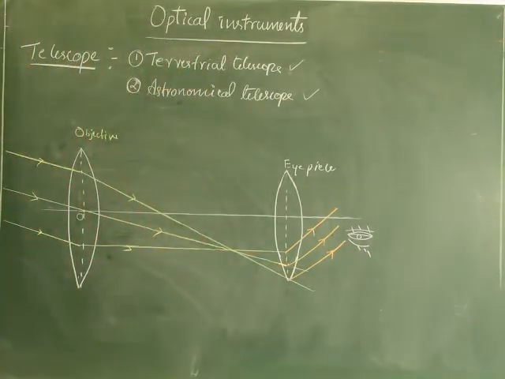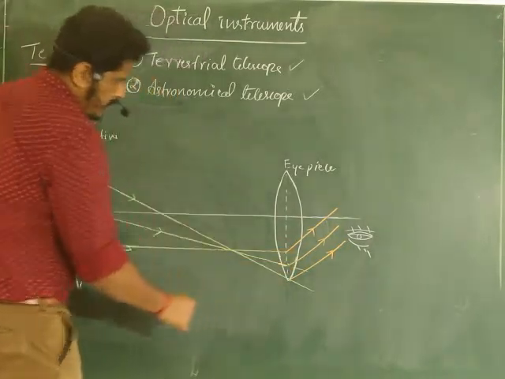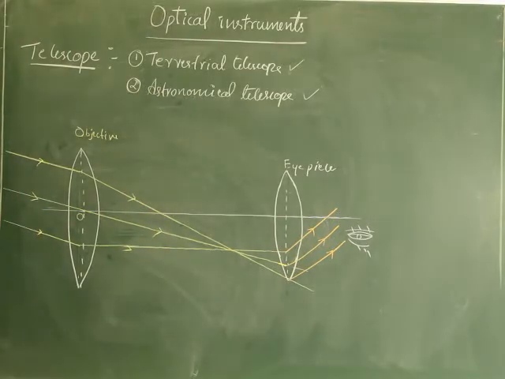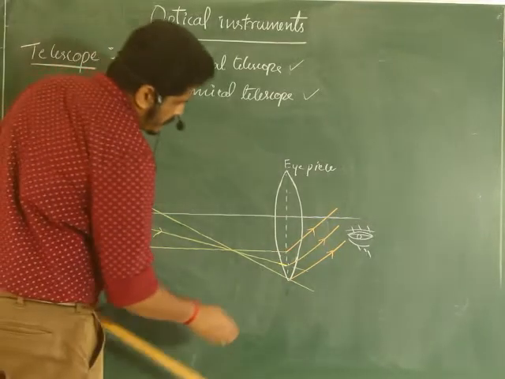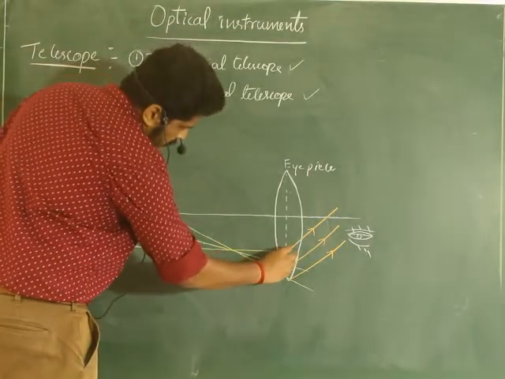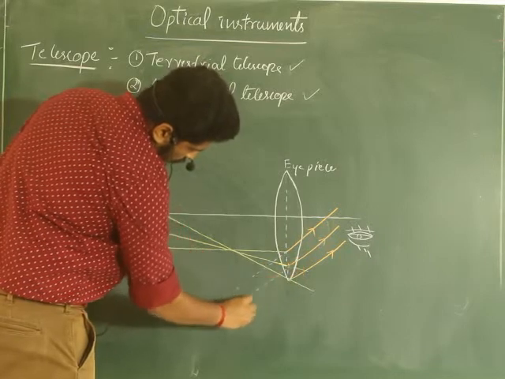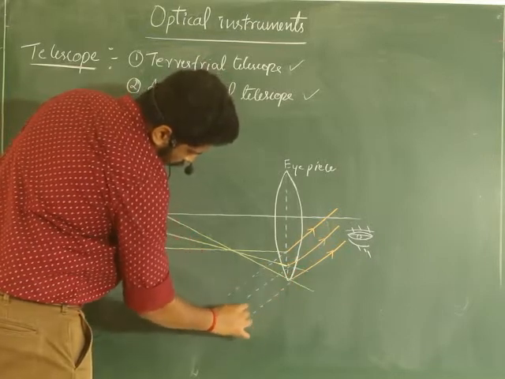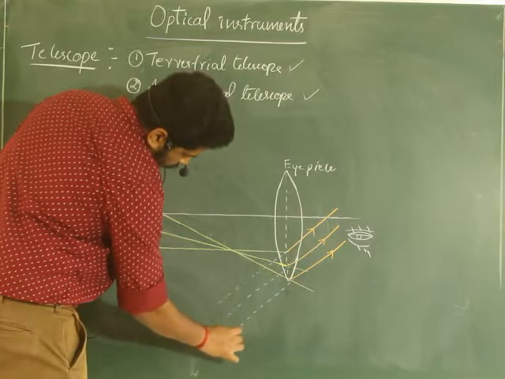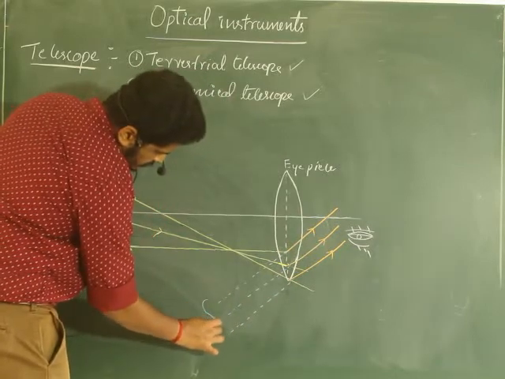So when it is retraced back, in which direction? Yes, in this particular direction. I will use some other color, maybe blue. So when it is retraced back like this, whatever image is formed will be like this.